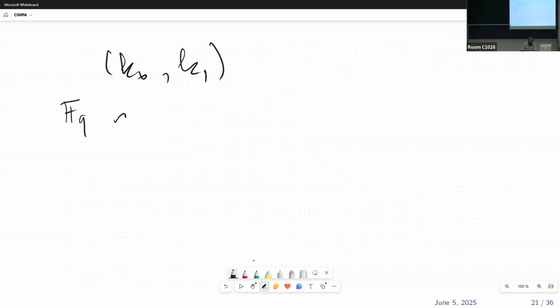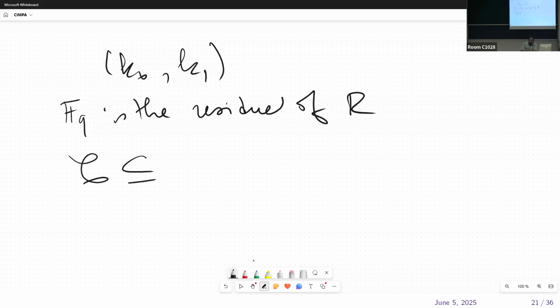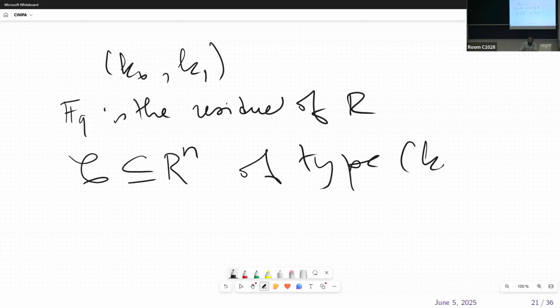FQ is the residue field of R. C is a linear code over R of type K0, K1.